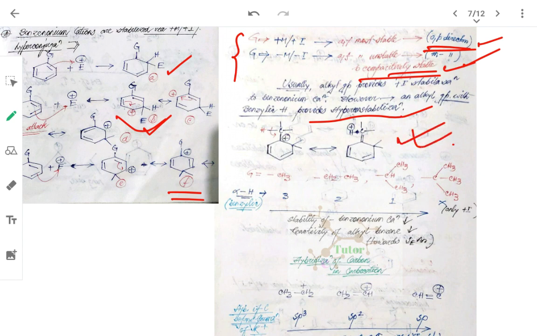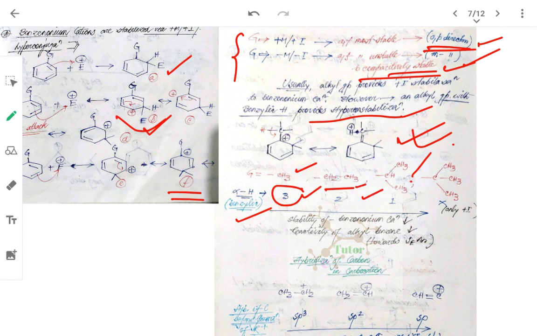Now, if G is methyl, CH2CH3, CH3 whole 2 CH, CH3 whole 3 C. In methyl, there is a benzylic carbocation if they are formed. In case of methyl there are 3 alpha hydrogens. In case of CH2CH3 there are 2 alpha hydrogens.